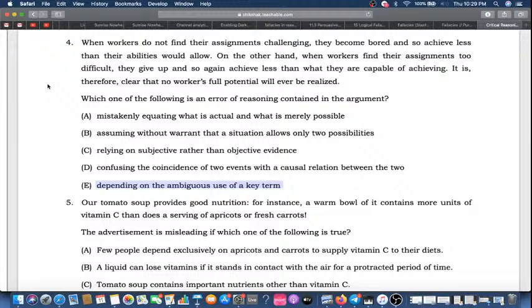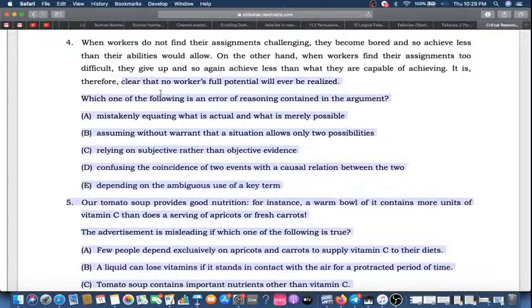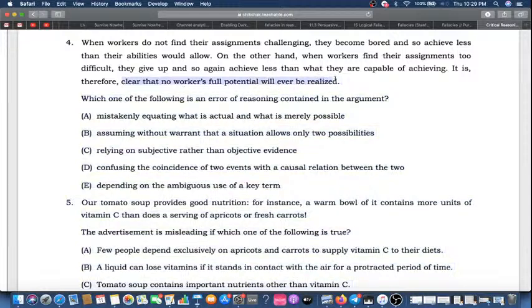The assignment is not challenging or the assignment is too challenging, and therefore it is clear that no worker's full potential will ever be realized. In this story, which was the ambiguous key term? This question is directed at Sejal, who said the answer is E. I am asking what is the ambiguous key term, and the answer is actually there is none.